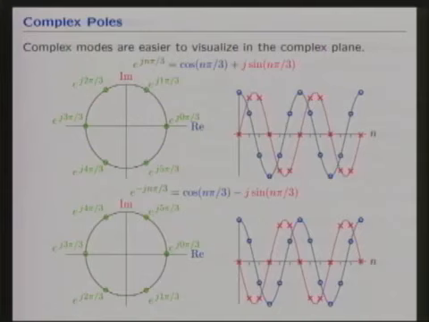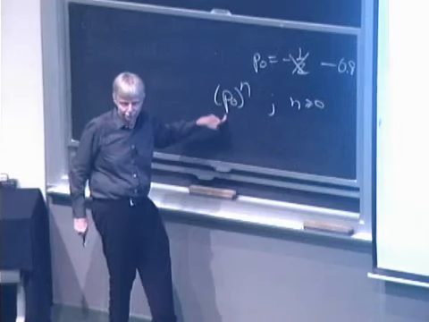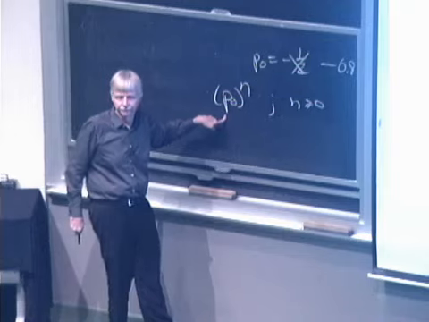It's sometimes easier to visualize the modes on a polar plot, and that's illustrated here. These plots look complicated. If you think about what they looked like in polar coordinates, if you think about this p naught to the n, but now p naught is complex, just plot the number p naught to the n on a complex plane.